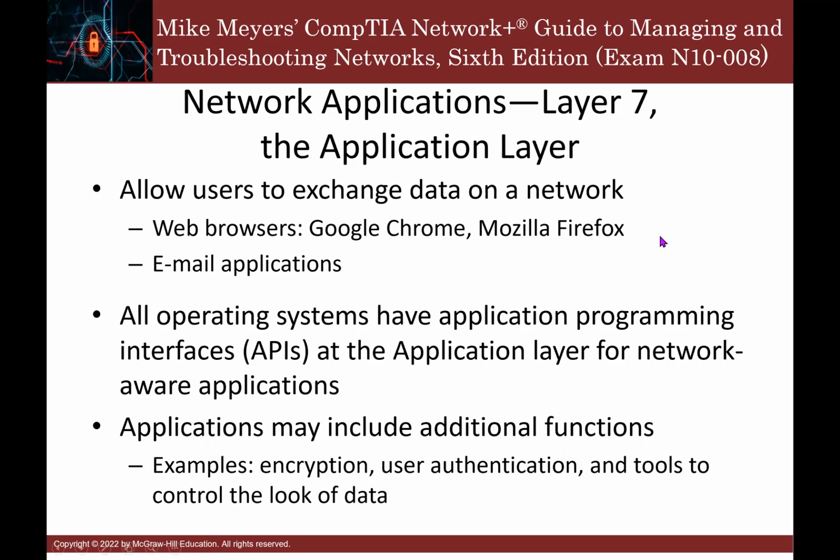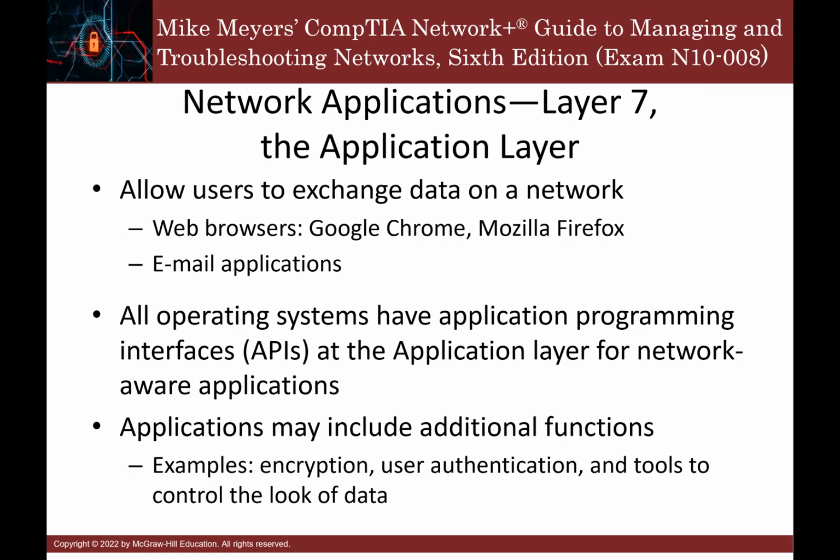But all operating systems also have application programming interfaces at the application layer for network-aware applications. So there is some communication that goes on that we never see. It's at the programming level. If you're coming from the computer science field, you may be very aware of APIs. APIs are another part of the application layer.